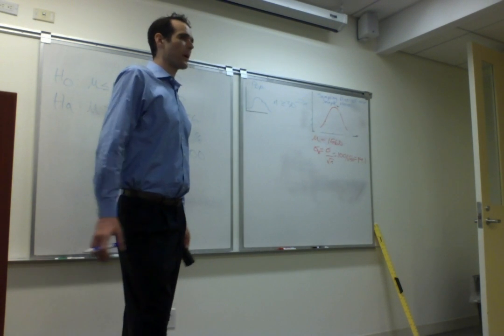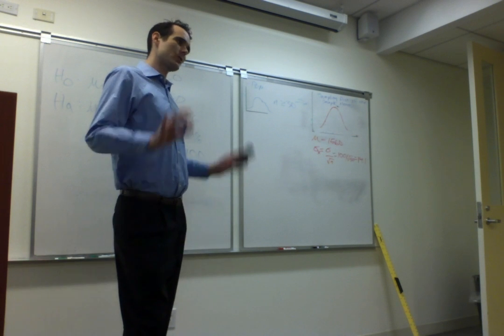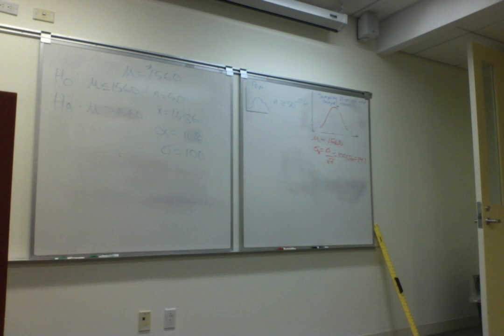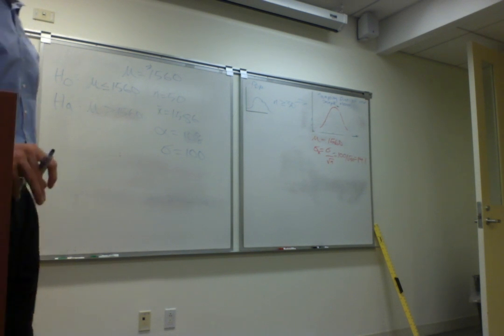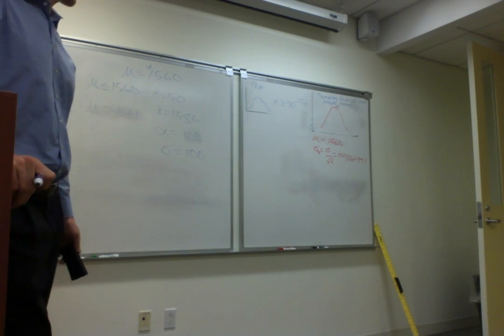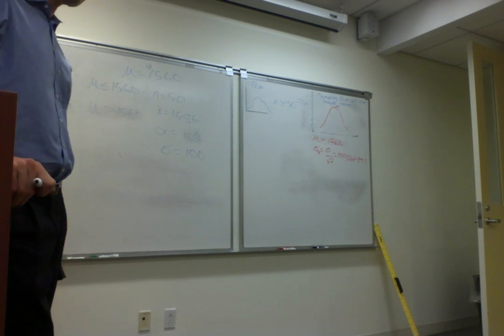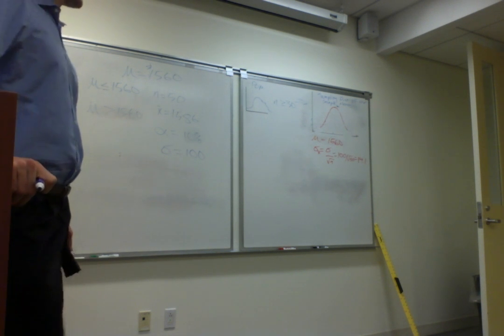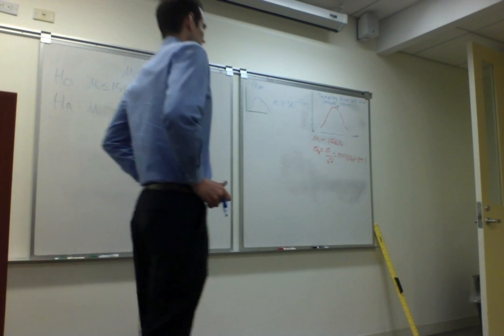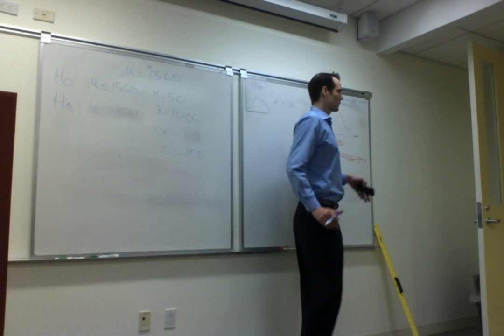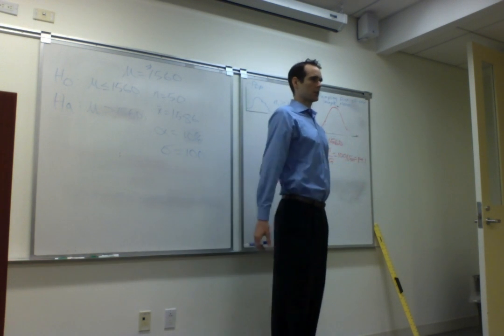And let me think about what I can say if I'm only concerned about proving that the mean rent is higher. Then essentially there's only one area where I could get it wrong.